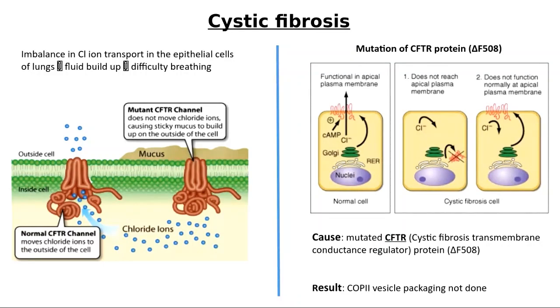A folded CFTR with this mutation, delta F508, would function properly as a normal chloride channel, but will never reach the surface membrane, which means that the diseased state is caused by the absence of chloride channel and not by the presence of defective ones. Okay, so that is it.